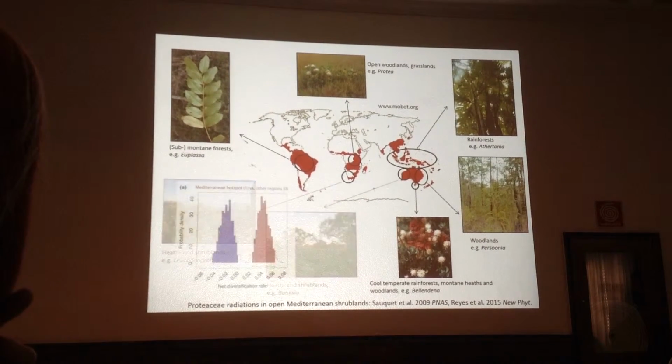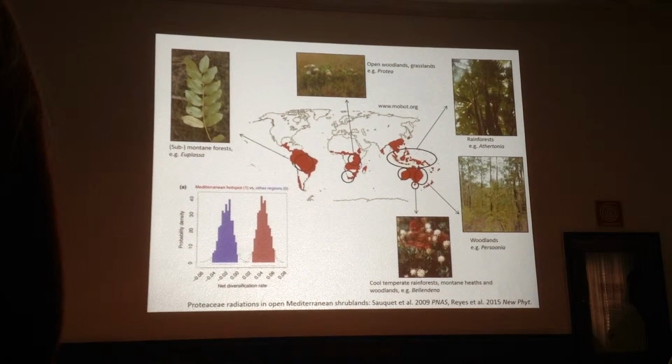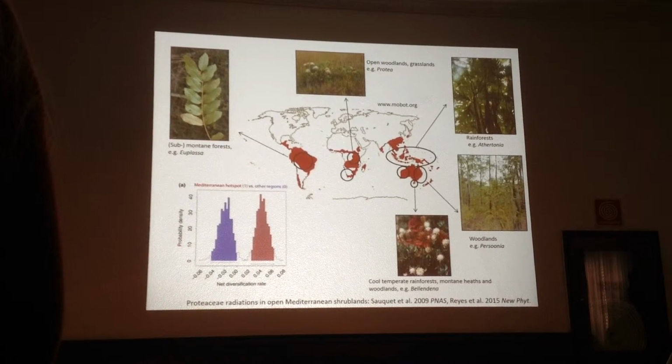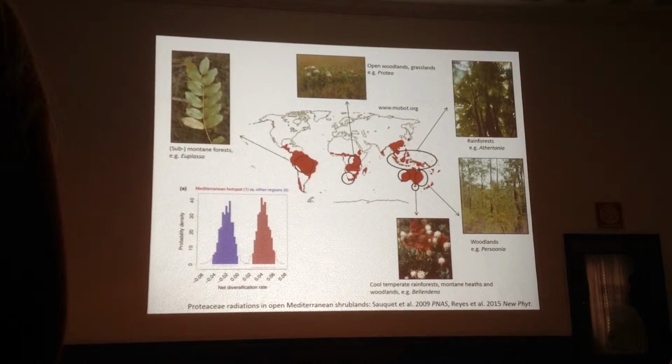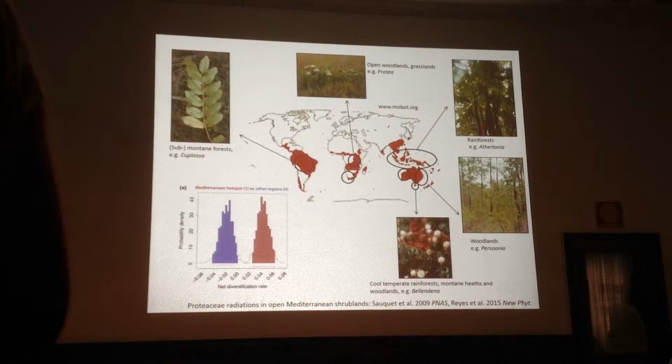And in a recent study by Elisabeth Reis and colleagues, they show that Proteaceae in these Mediterranean shrublands have higher net diversification rates than Proteaceae occurring anywhere else in the world. So this suggests that Proteaceae have undergone evolutionary radiations in these open Mediterranean ecosystems.